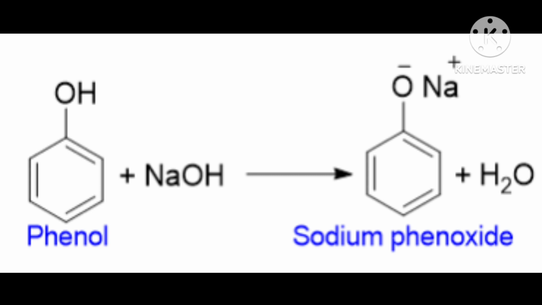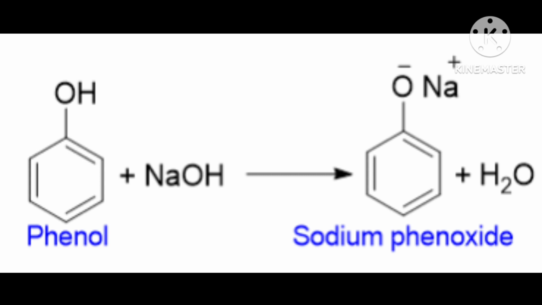Correct? First oxygen will make a double bond. But quickly, because H is there, that double bond will become a single bond, and that electron will be given to hydrogen.